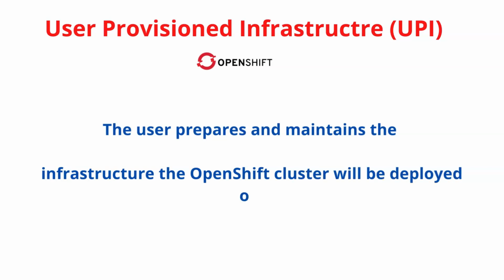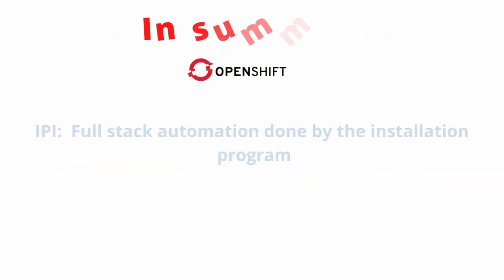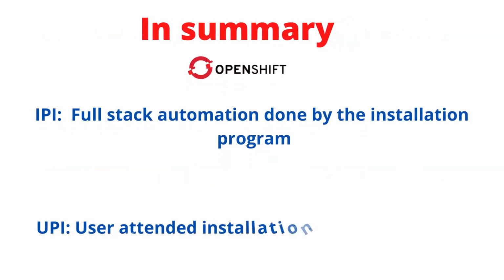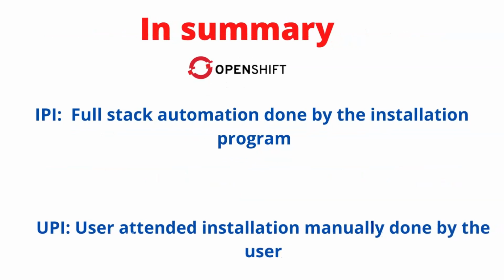This is also known as pre-existing infrastructure. So in summary, for the IPI method, the installation program provisions and maintains the infrastructure the OpenShift Container Platform will be deployed on, while for the UPI method, you, the user, will prepare and maintain the infrastructure the OpenShift Container Platform will be deployed on.